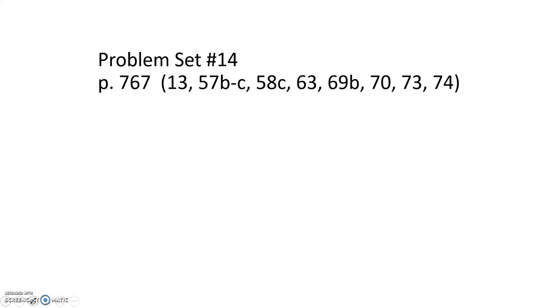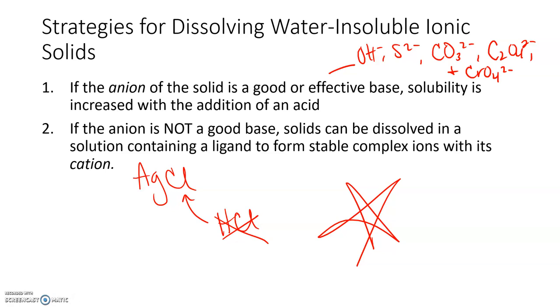The second way, let me go back a slide. The second way to dissolve an otherwise insoluble solid is specifically looking at solids that have anions that are not good bases. So if it's a good base, dissolve it in acid. If the anion is not a good base, so it's an anion that would form a strong acid, it can be dissolved by combining it with a ligand to form a complex ion, and it will then dissolve.